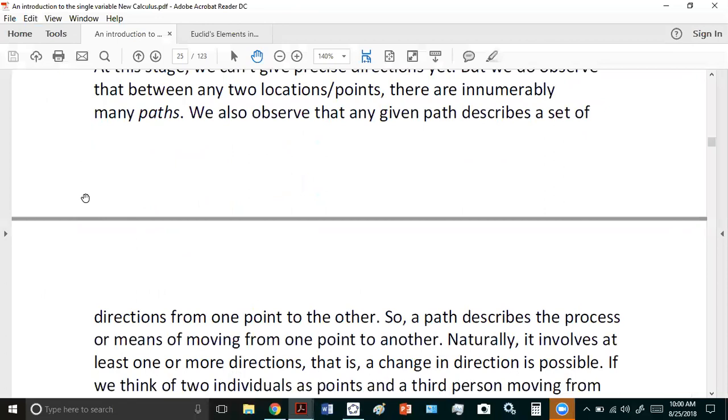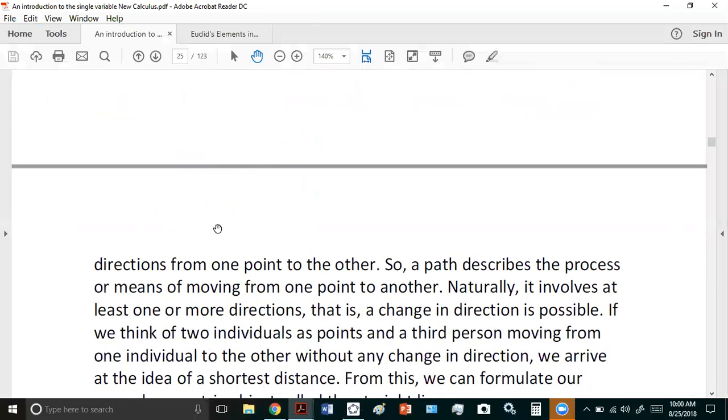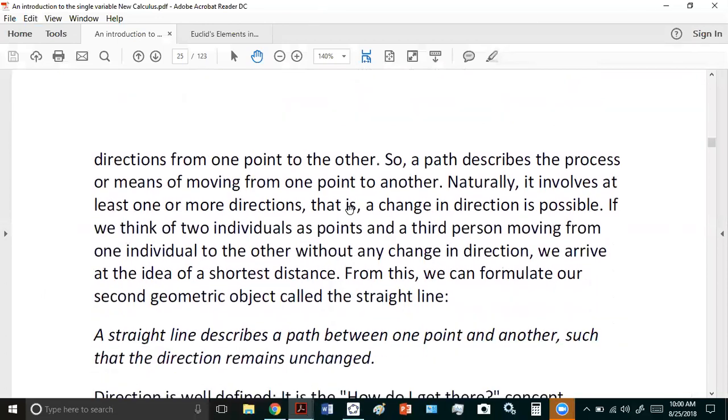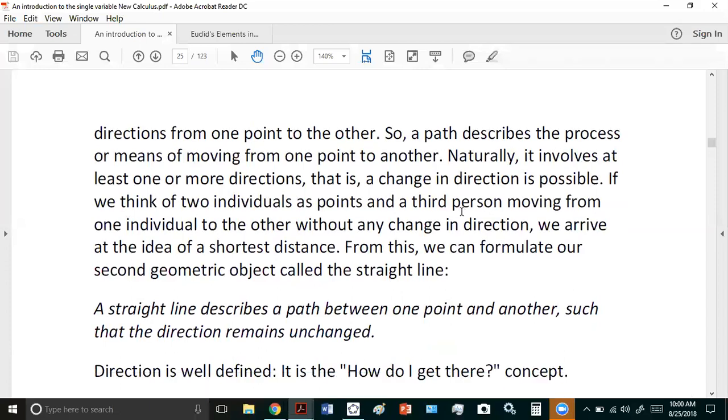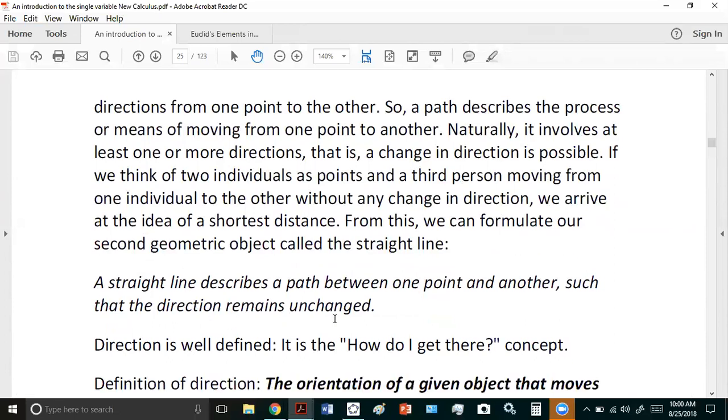We also observe that any given path describes a set of directions from one point to another. And so a straight line describes a path between one point and another such that the direction remains unchanged. By the way, I do define all these words here, even though they are defined in the English language, I do define them from nothing.